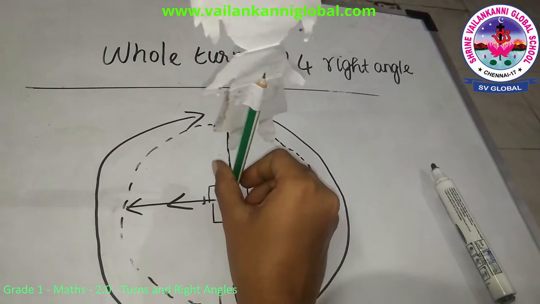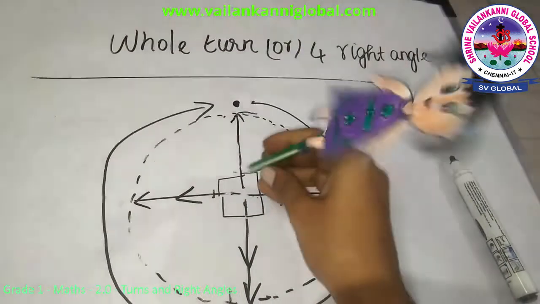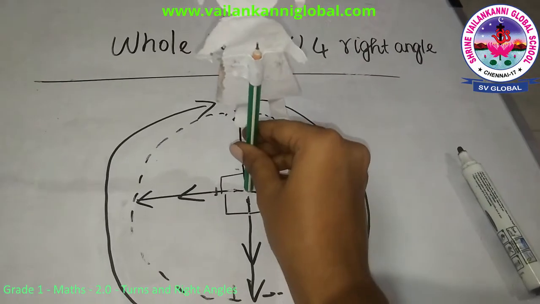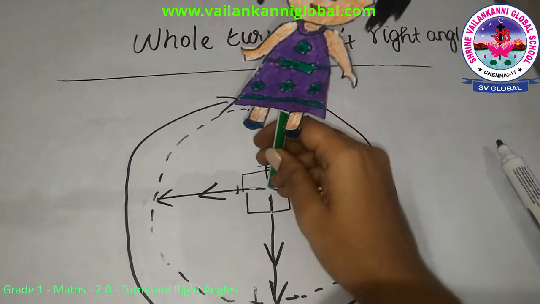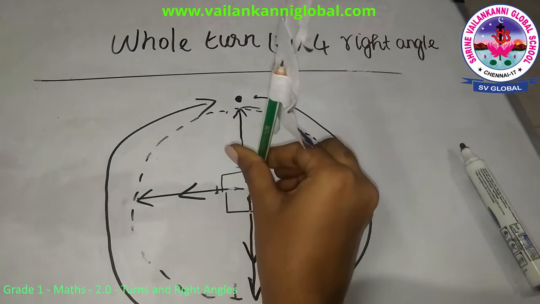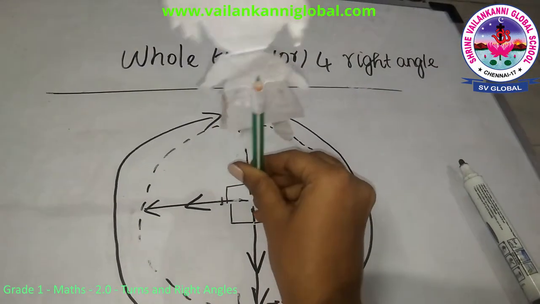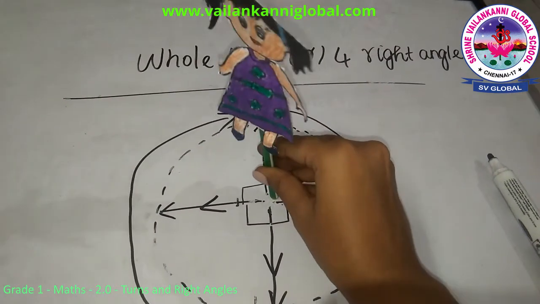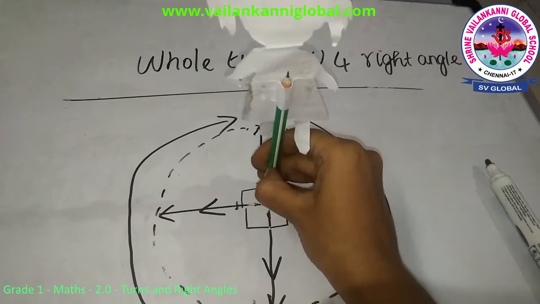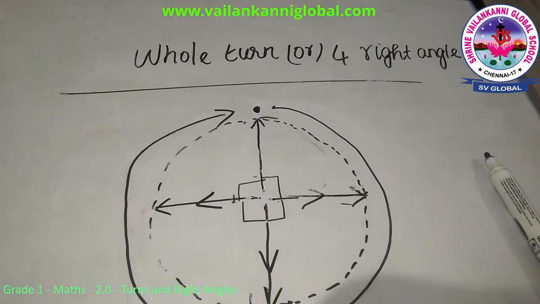This is towards the clockwise, she will move like this. When it's towards the anti-clockwise, she will move like this. So this was 1 turn, 2 turns, then 3 turn, then 4 turn. So this is in the anti-clockwise. Anti-clockwise, she'll just turn the opposite direction. So this is one whole turn or 4 right angles.